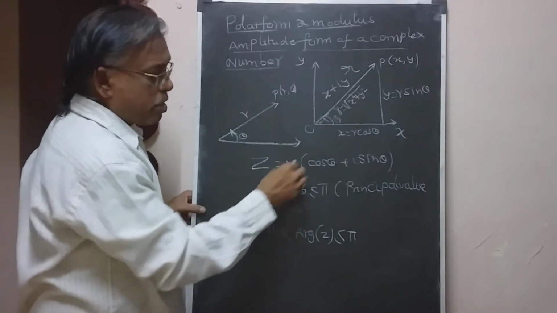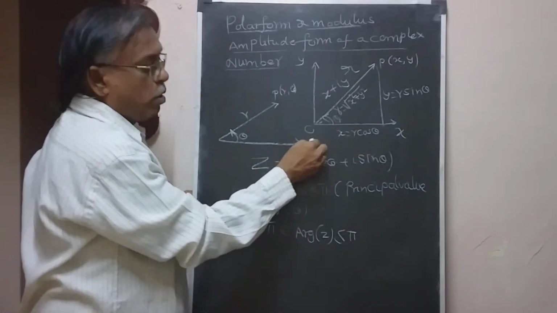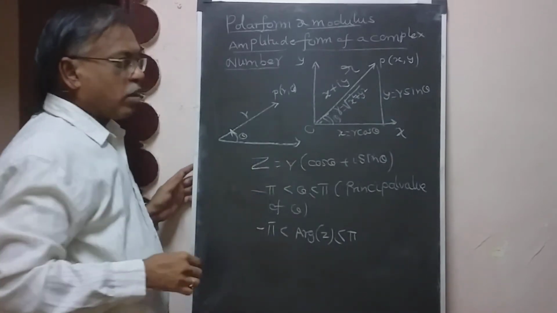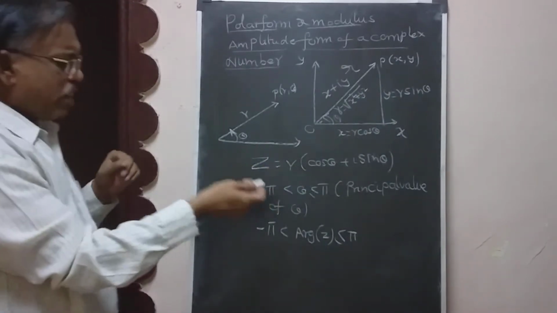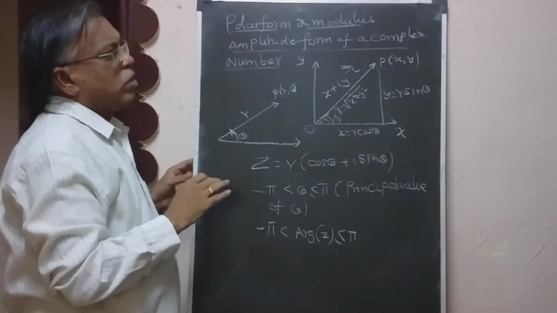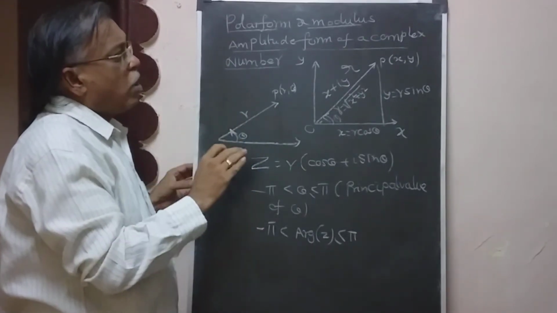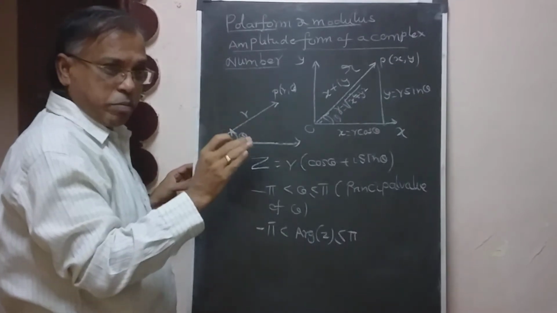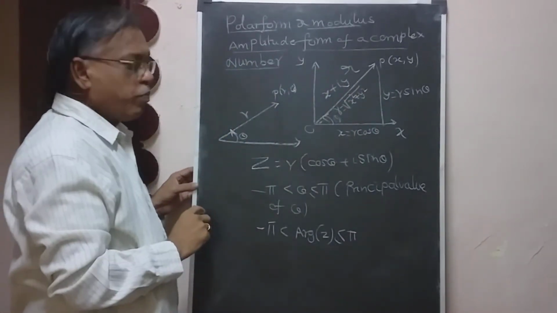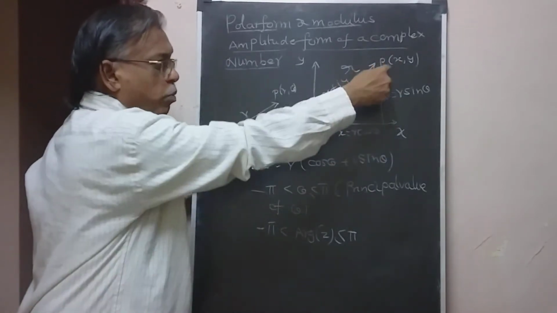So x plus iy means what? x is r cos theta, plus i into y, which is r sin theta. So I can take r common. Okay, students. So very simple. If you want to represent the polar form or modulus amplitude form of a complex number, you should know this r value, the magnitude, which is nothing but the distance from the origin to the point.